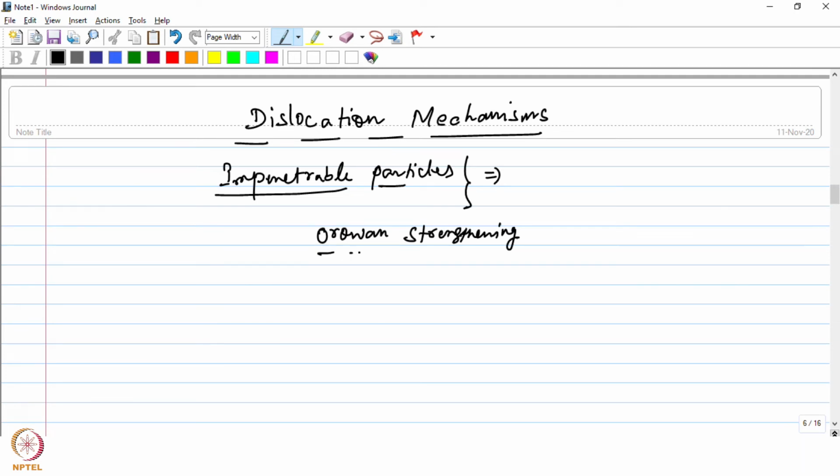The Orowan mechanism talks about the bending of dislocations around this kind of impenetrable solid particles when they are dispersed in a matrix phase.